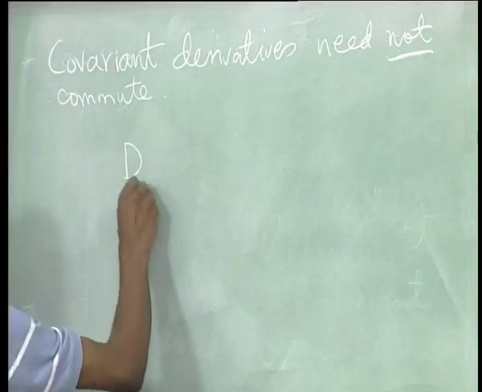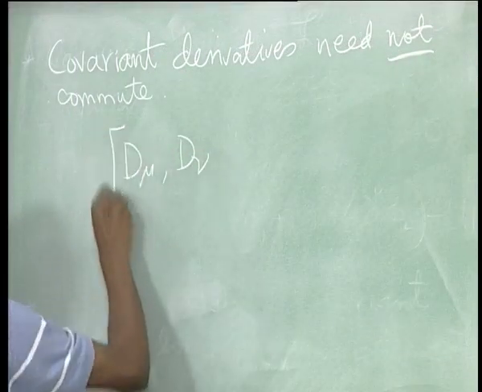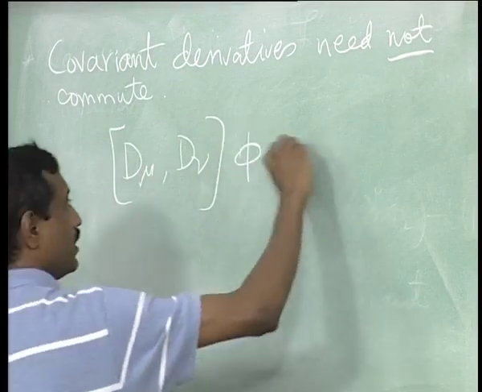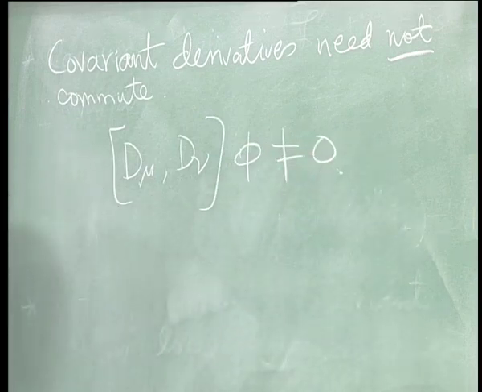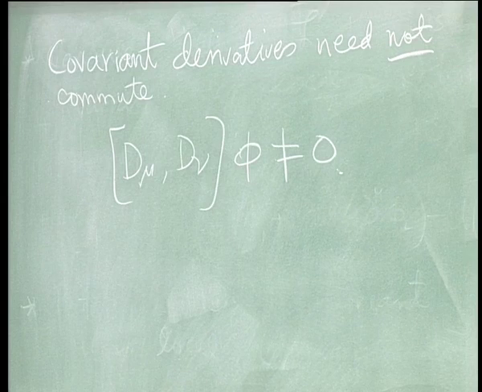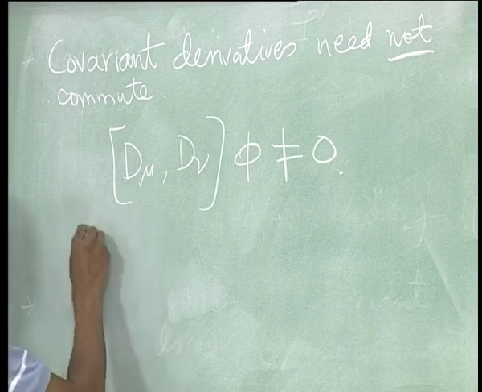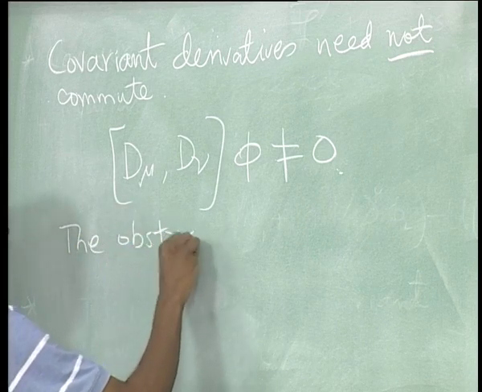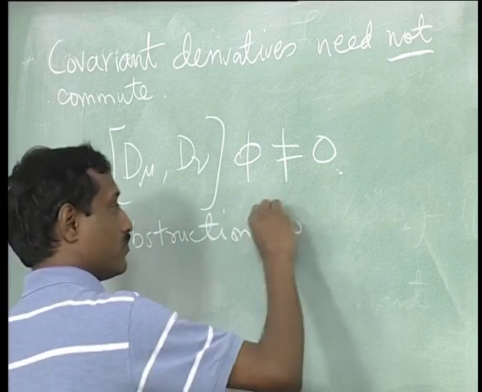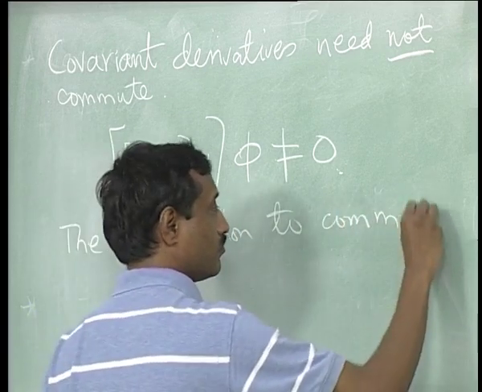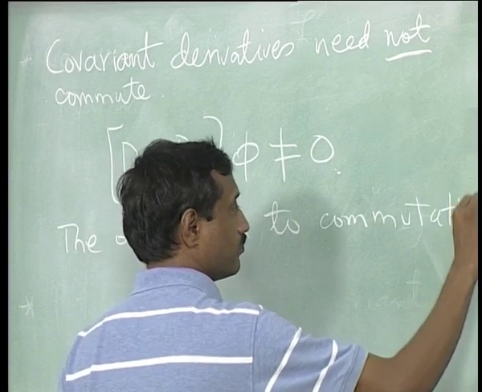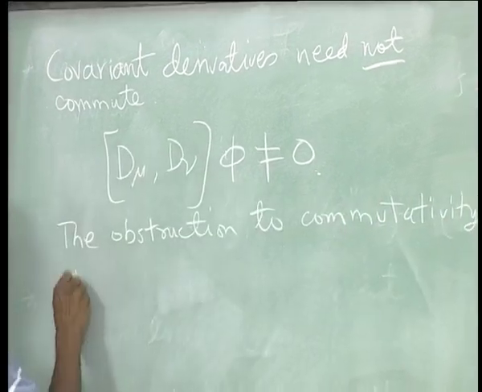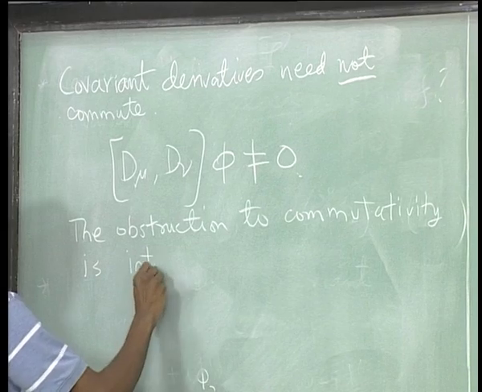So by that we mean something like this: d mu d nu acting on some field phi need not be 0. Okay. In other words, there is an obstruction to commutativity. Okay. So the obstruction is actually interesting.